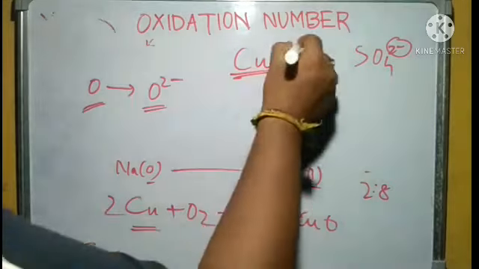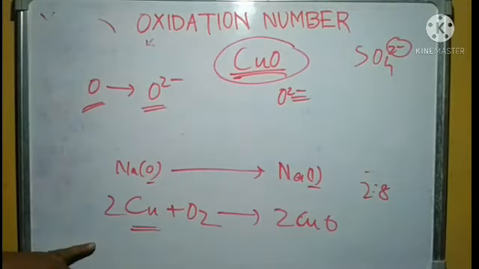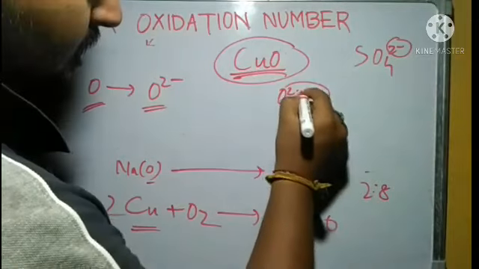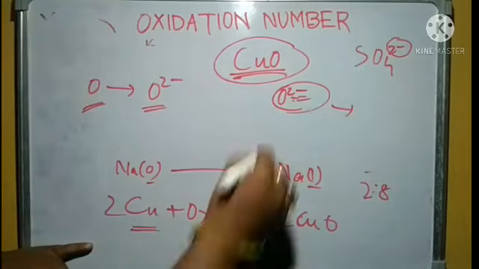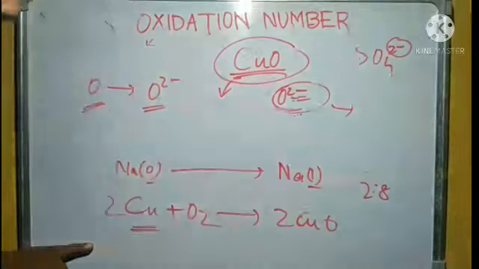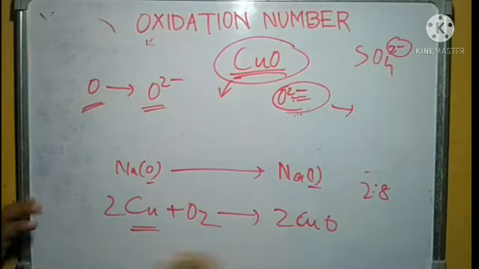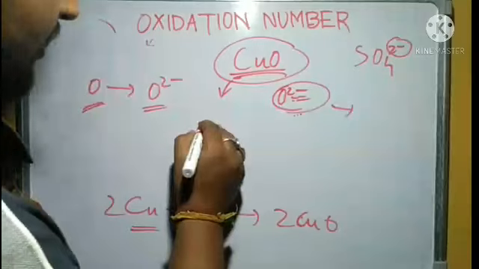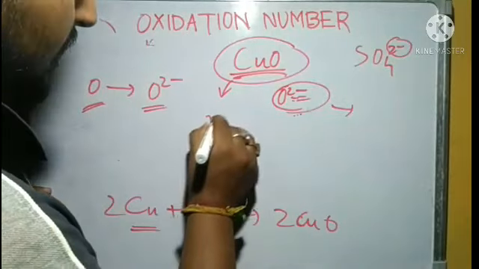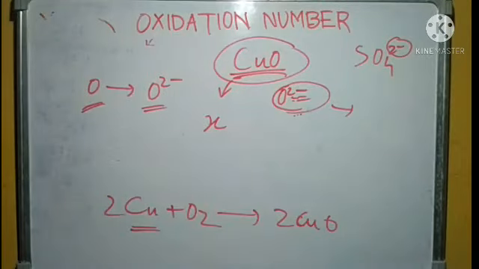Since this compound is neutral, the 2- charge coming from oxygen has to be balanced. Who will balance this 2- charge? Copper will balance. So now let us make an equation out of this. Let us consider that the oxidation number of copper is X. The oxidation number is also represented by the charge the copper ion will form in this compound.